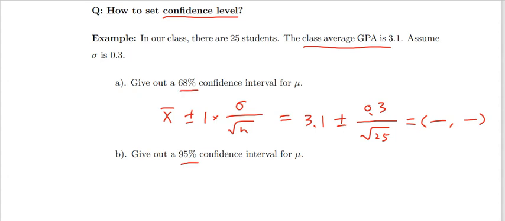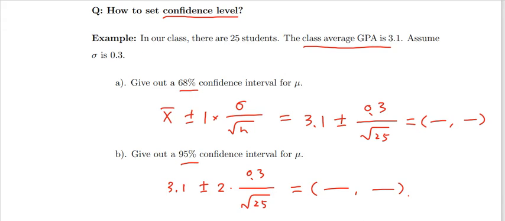And for 95%, it is 3.1 plus or minus 2 times sigma over radical n. This percentage means the probability that my conclusion is true.